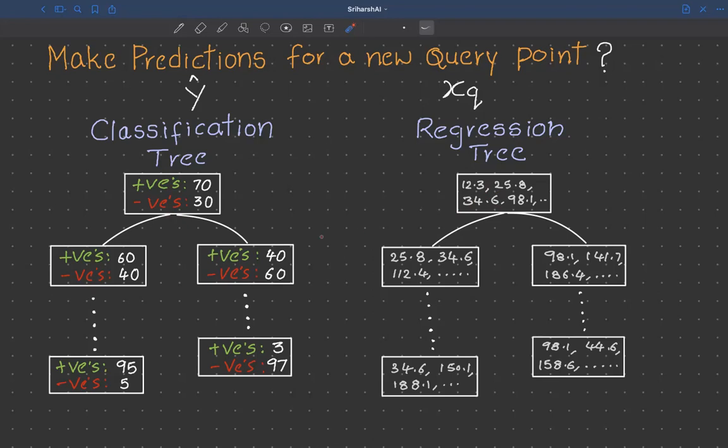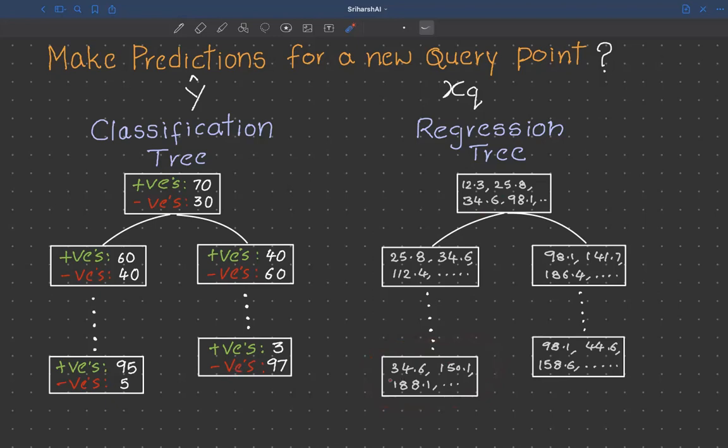Similar to the classification tree, we also parse the regression tree from top to bottom, that is, from the root node to a leaf node. When you parse the regression tree, the point XQ will end up in one of the leaf nodes. Let's assume that XQ has ended up in this specific leaf node. If it is a classification tree, we go by the majority rule or by the probability.